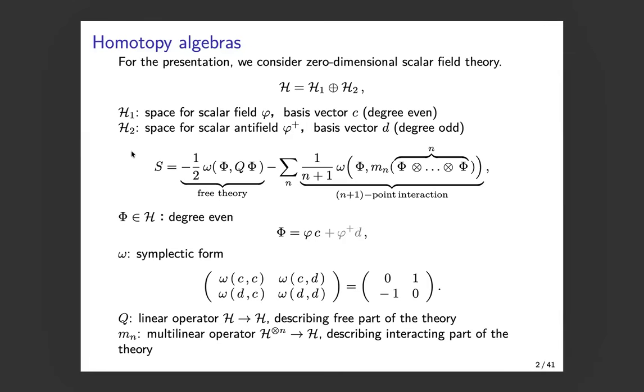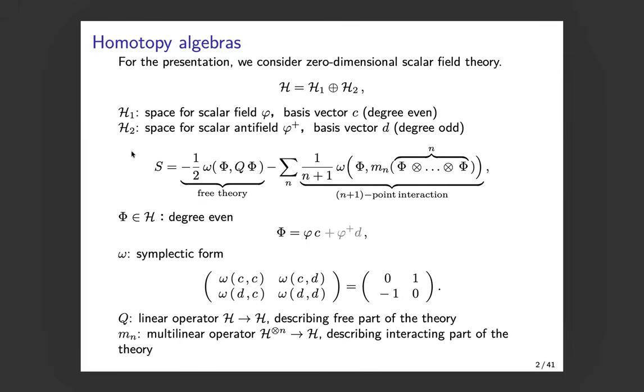So let me explain S in detail. In the case of zero-dimensional scalar field theory, we decompose phi using the basis vectors C and D, and then the coefficients appear in front of C and D. We identify the coefficient in front of C with the scalar field phi, and the coefficient in front of D with the anti-field phi plus.